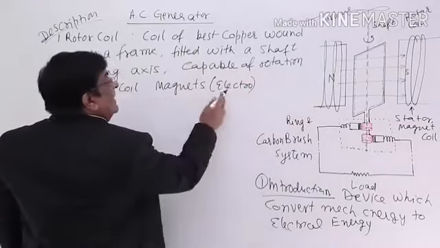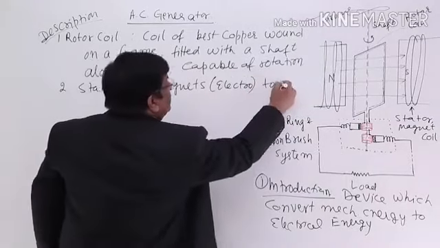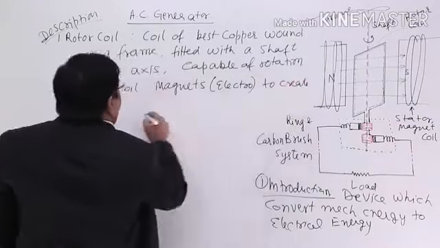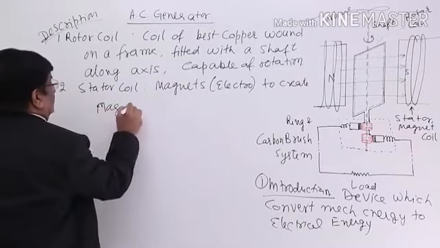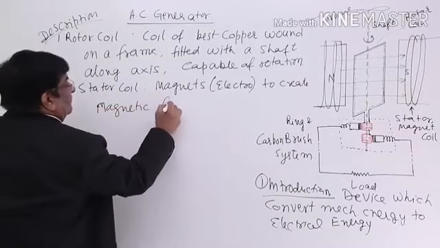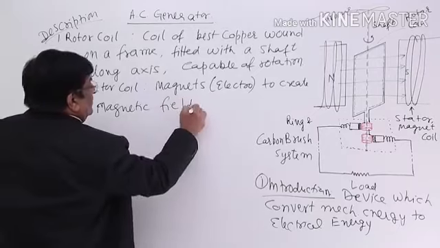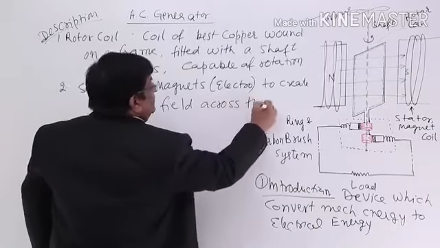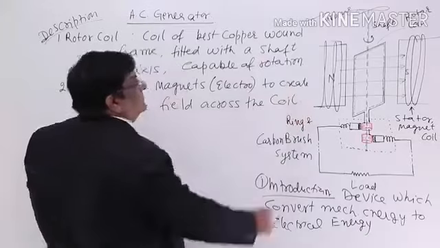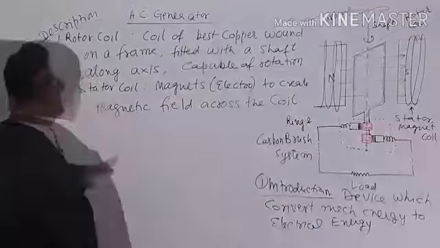So electromagnets create a magnetic field across the coil. Okay, this part of it.